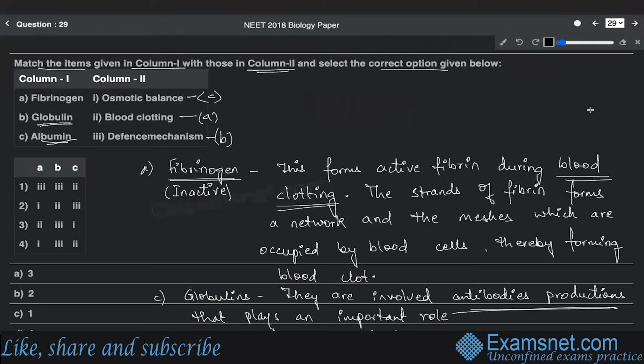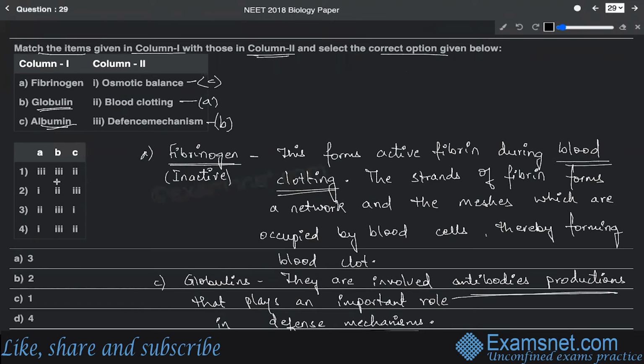All right, so let us take a look. A is going to match up with second, B is going to match up with third, and C is going to match up with first. That means option A is the correct answer.